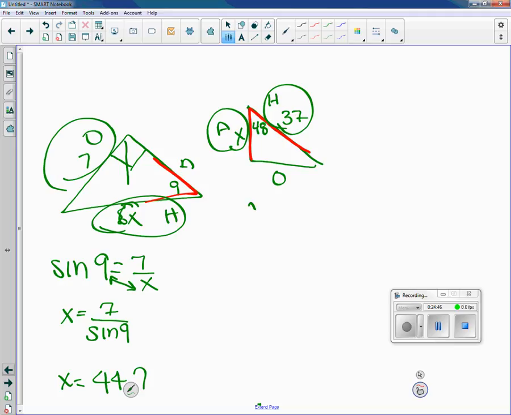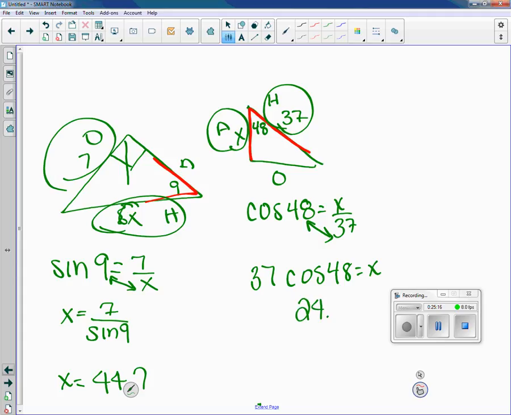So this becomes the cosine of 48 is equal to X over 37. If you notice, they're both numbers. There is no X right here, right? So that means I multiply them. 37 cosine of 48 equals X. And your answer for this one is 24.75. Is everybody with me? Did I lose anybody?